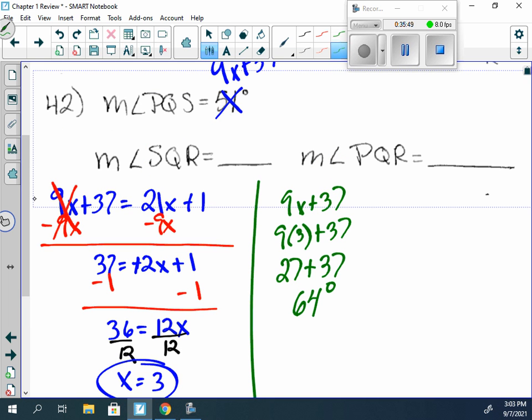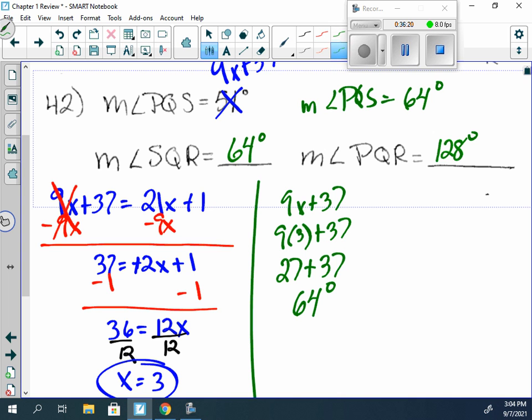So the measure of SQR is going to be 64. The measure of angle PQS is 64. And the measure of PQR is 128 because we add those two angles together. Any other questions on 40, 41, or 42?